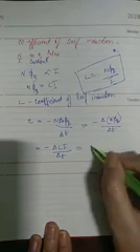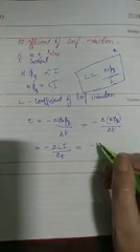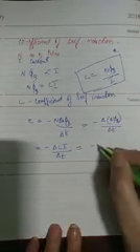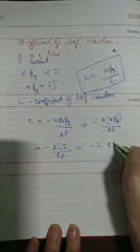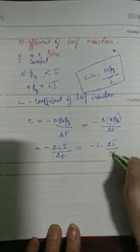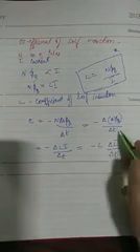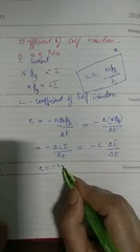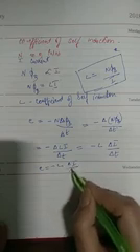Now L is a constant, the coefficient of self-induction, so it can be taken out. So this becomes del I by del t. Del I by del t is the change in current with time, or the rate of change of current in the coil. So from the same equation, we have E equal to minus L del I by del t.